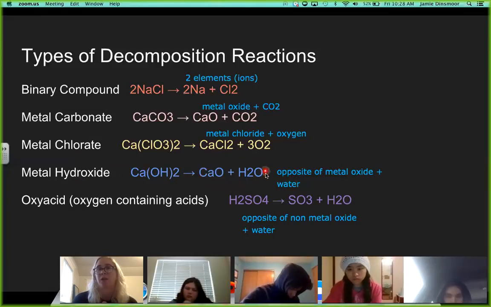So this is literally the direct opposite of our synthesis reaction example. Same with an oxyacid, which is an oxygen-containing acid, right? We get a non-metal oxide and water when we break apart that acid. So those 2 are direct opposites of synthesis reactions.